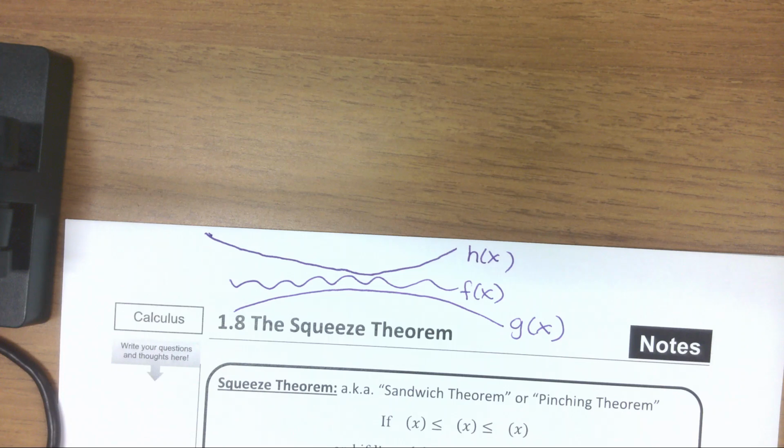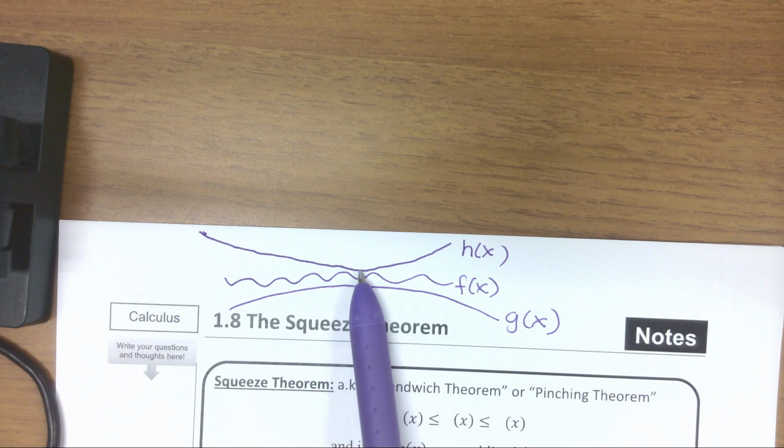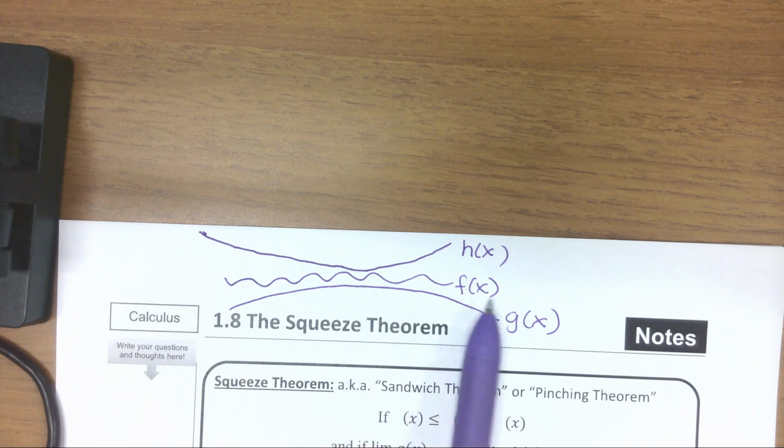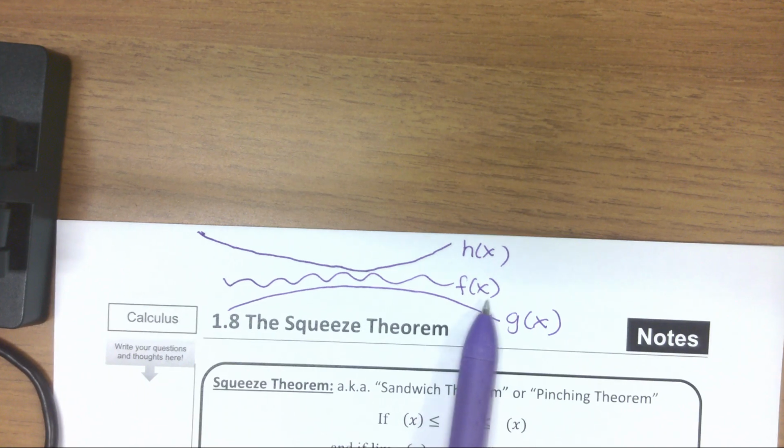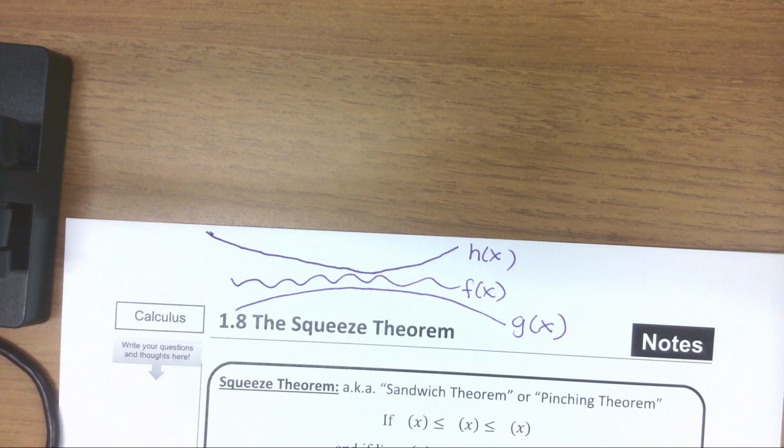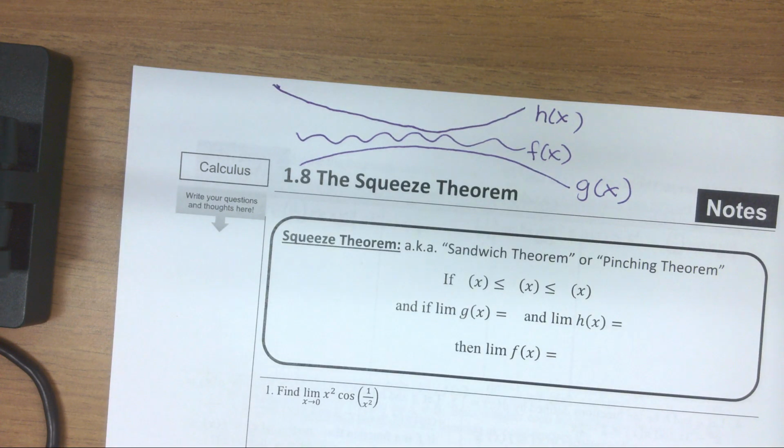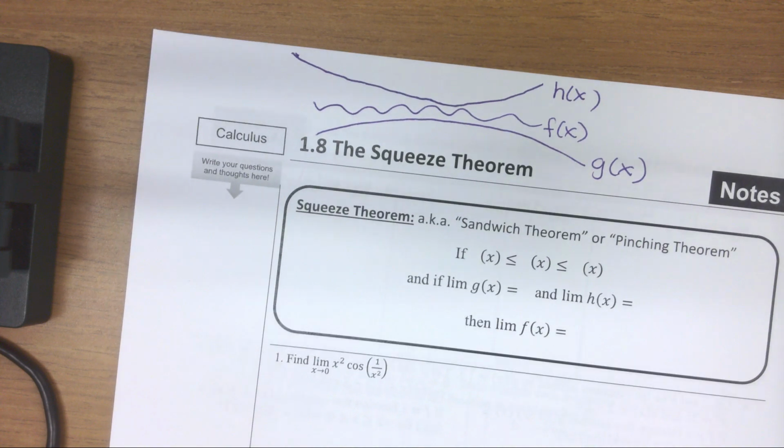So if I know h of x limit and I know g of x limit, would you agree, even though I don't know f of x's limit, that it's going to stay between those two numbers? So that just kind of logically makes sense to you. Okay, that's really all the squeeze theorem is. It allows us potentially to evaluate limits of something that we know stays between two other functions because we know it stays above a certain value and below. And what's even more interesting is if those limits go to the same thing.